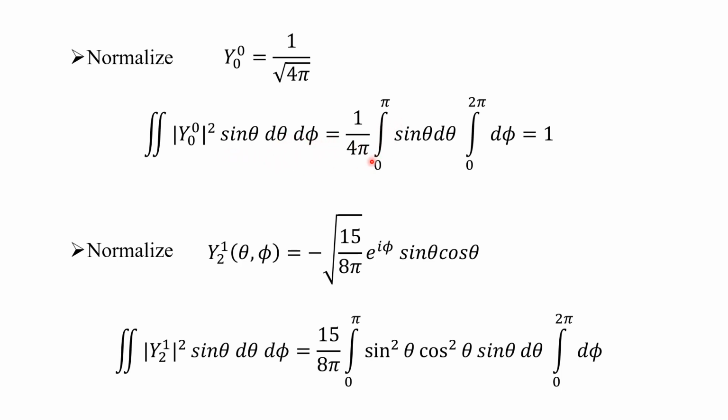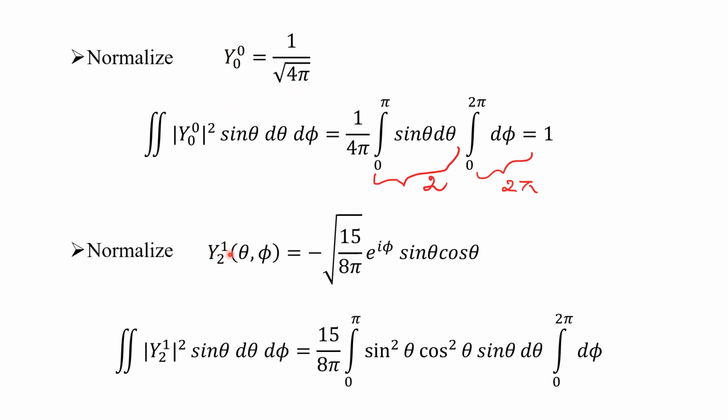You can separate this integral into two parts. One is the integral between 0 to pi of sine theta d theta, and the other from 0 to 2 pi of d phi. The first integral value is 2, and the second integral value is 2 pi. If you multiply this, you will get 4 pi. This 4 pi will get cancelled with the 1 over 4 pi, so it will be equal to 1. So this spherical harmonic is normalized.